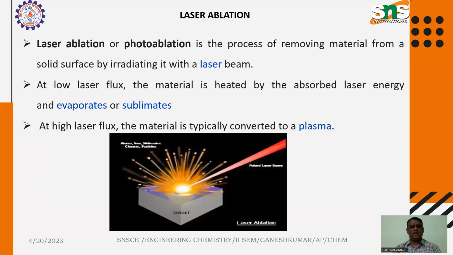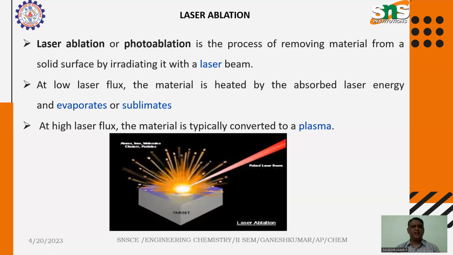Laser ablation is otherwise called photoablation. It is a process of removing material from a solid surface by irradiating it with a laser beam. At low laser flux, the material is heated by the absorbed laser energy and evaporates or sublimates. But at high laser flux, the material is typically converted to a plasma.